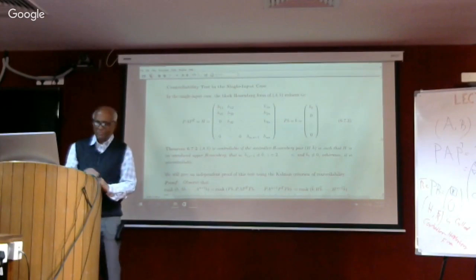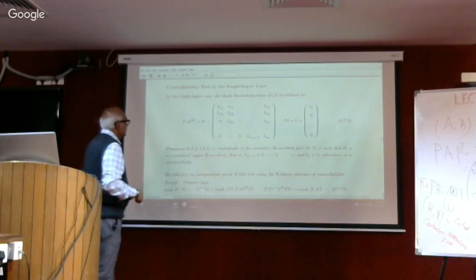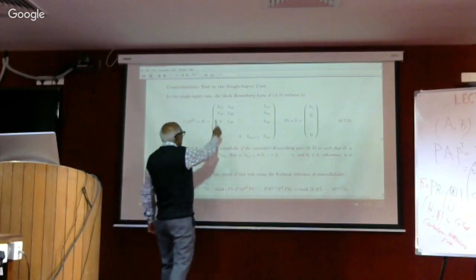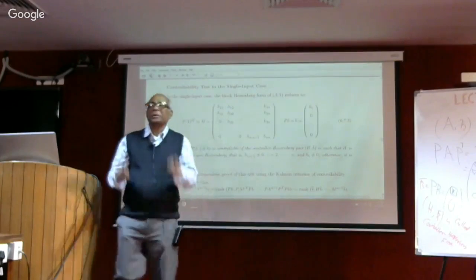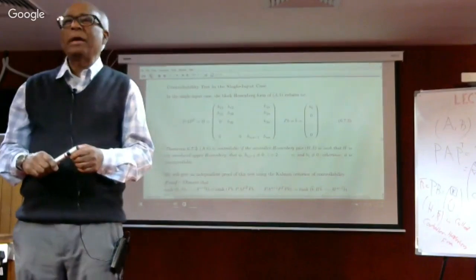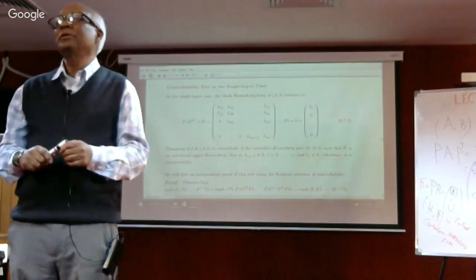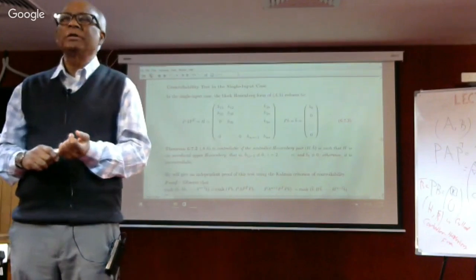It will be controllable if all these sub-diagonal entries, which are scalars in this case, are different from 0. That's it. If any of them happens to be 0, then the conclusion is that the system is not controllable.